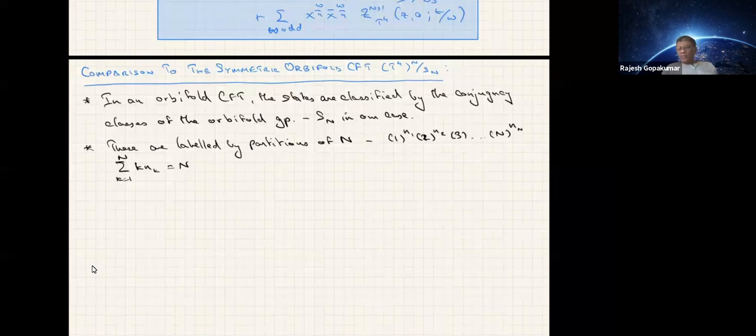So it's of course very big. There are many twisted sectors, which are all labeled by these conjugacy classes, but it becomes much simpler if you focus on, so this corresponds to the full multi-particle Fock space.